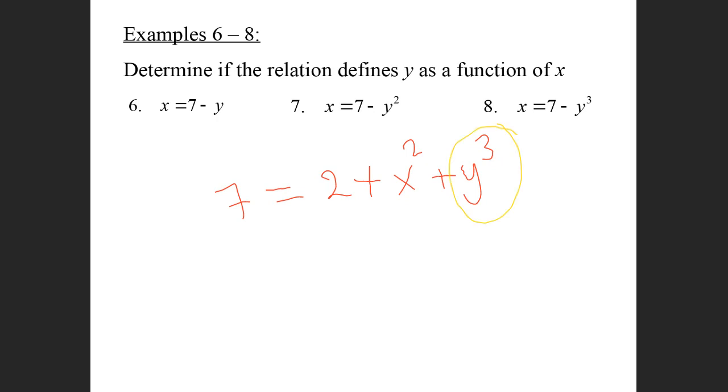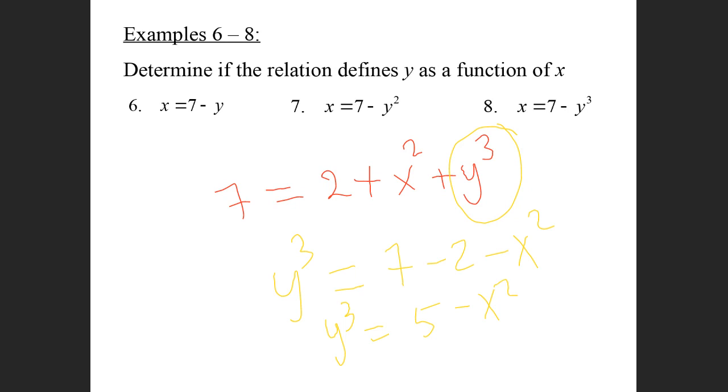Why? Because you see y cubed. There's no harm when you solve the equation for y cubed: y cubed will be 7 minus 2 minus x squared, so y cubed will be 5 minus x squared.